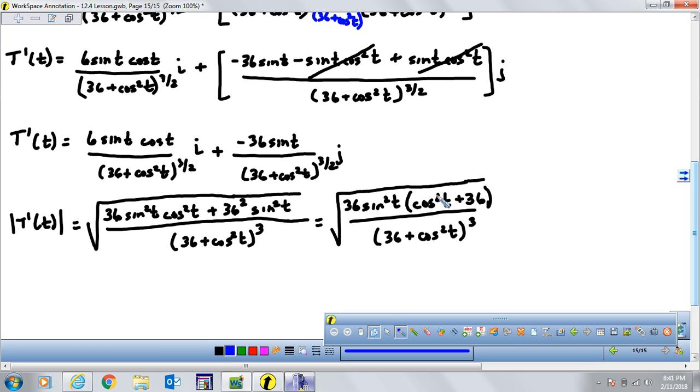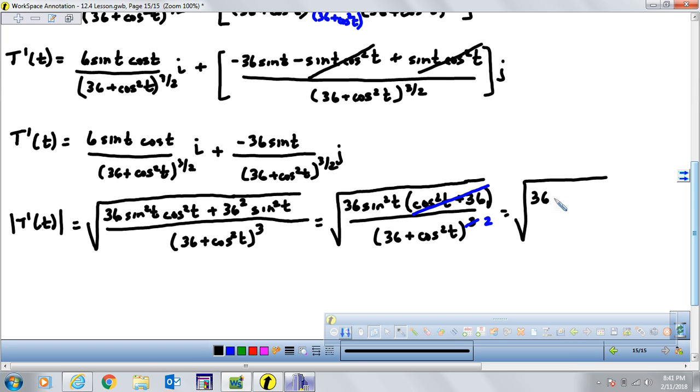We can reduce this with one of these, so we're left with a second power on the bottom. So we're left with the square root of 36 sine squared of t divided by (36 plus cosine squared of t) squared.